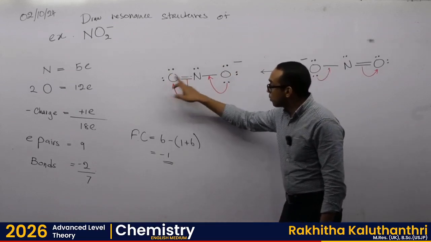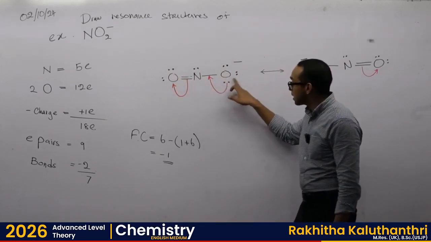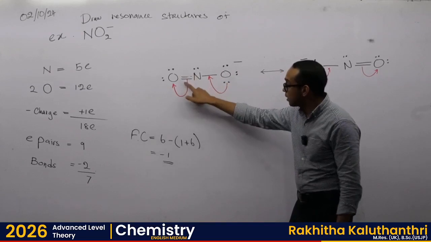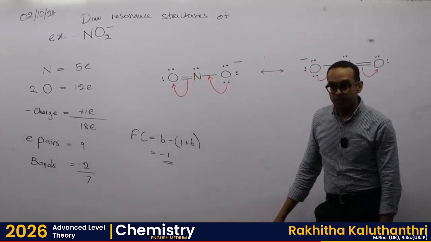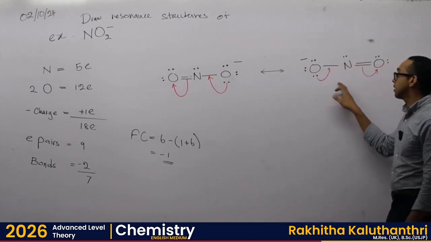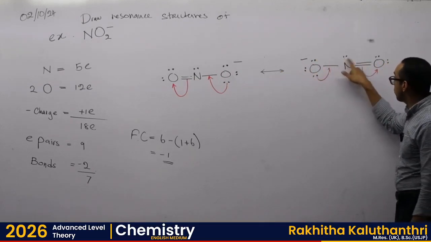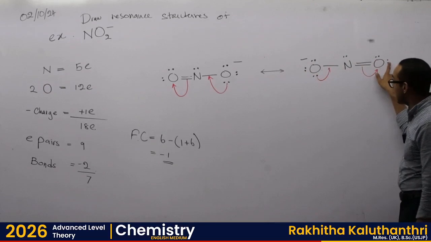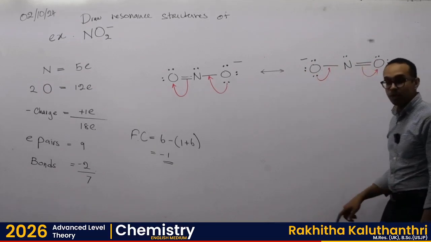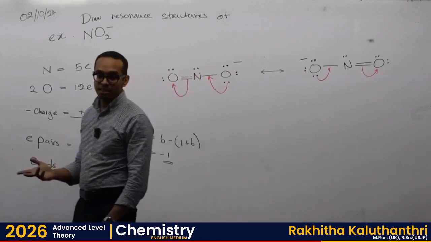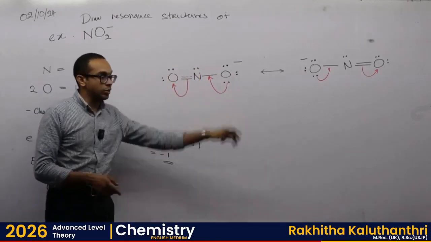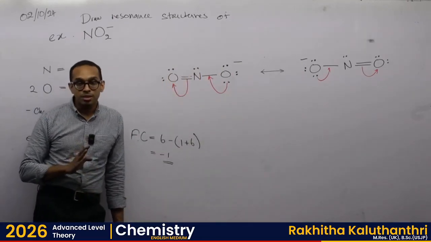Here we have 1, 2, 3, 4, 5, 6 lone pairs, 1, 2, 3 bond pairs, altogether 9 electron pairs. Let's see here, 1, 2, 3, 4, 5, 6 lone pairs, 1, 2, 3 bond electron pairs. Altogether how many electron pairs? 9. So from here to here the electron pair number has not changed.